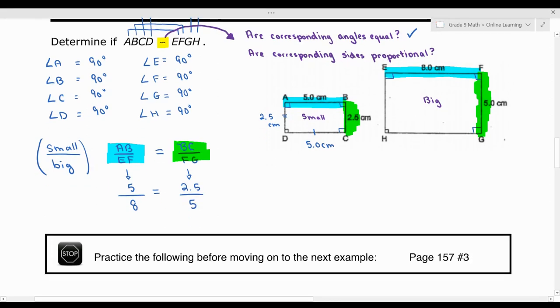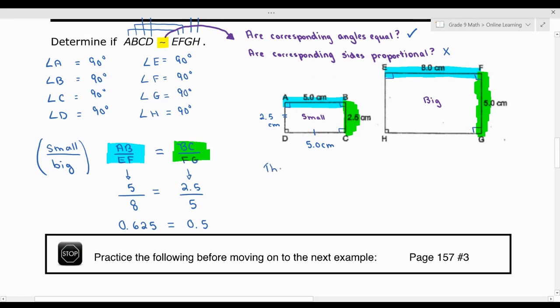If I then calculate that, 5 divided by 8, so 5/8 is 0.625. And then 2.5 divided by 5 is 0.5. So we are noticing that those sides aren't matching up, which means these are not proportional to each other.